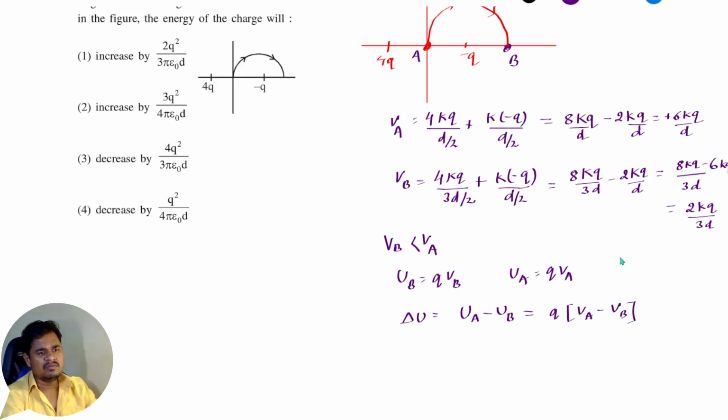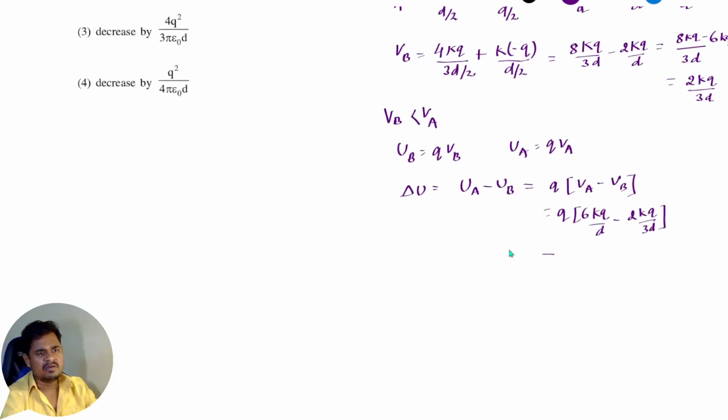So VA is basically 6kq by d minus 2kq by 3d. If we further simplify it, we get q, and with 3d in the denominator, 18kq minus 2kq, so that is 16kq by 3d.